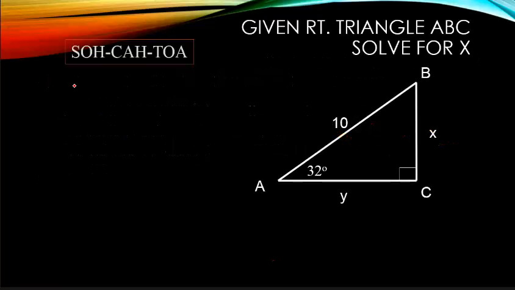So here's SOHCAHTOA. All right, so I have an angle here. Standing at this angle given to me, if I want to find x, which is what we're being told to find, I've got to decide, is this x opposite, adjacent, or hypotenuse? Which is it?